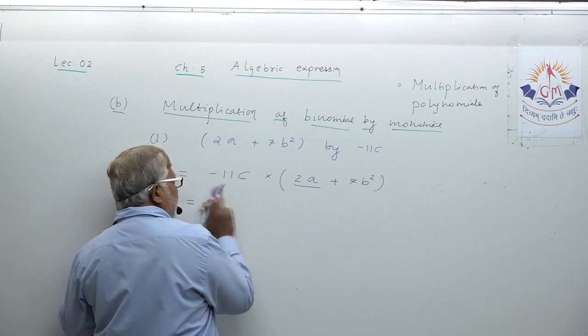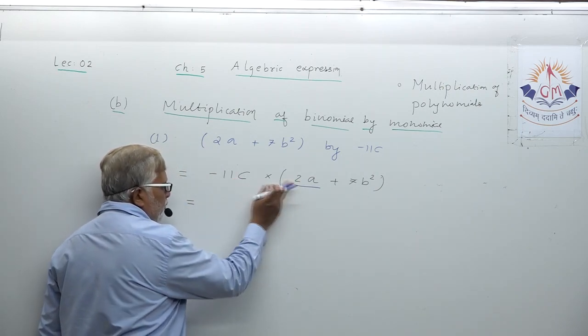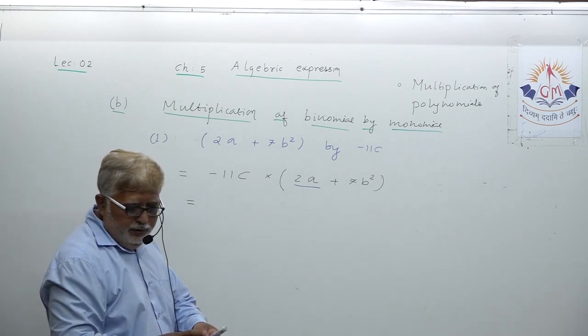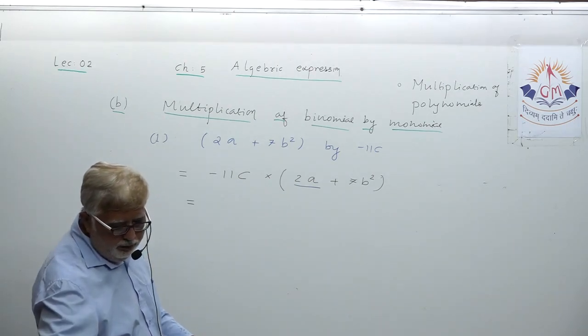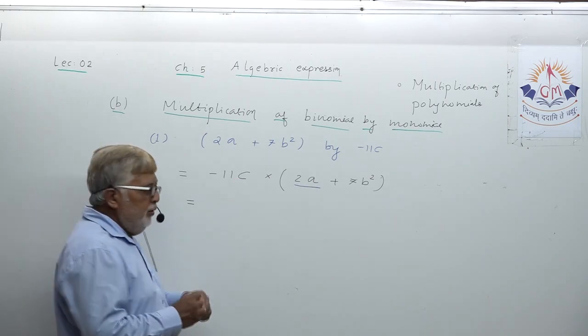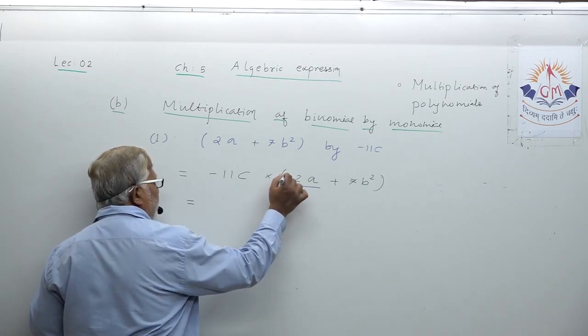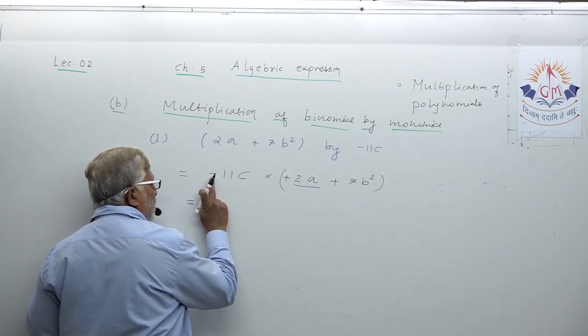You are multiplying minus 11c with 2a. So first, as you all know, multiplication of number to number. Here when there is no sign, obviously plus. Please concentrate, dear student.